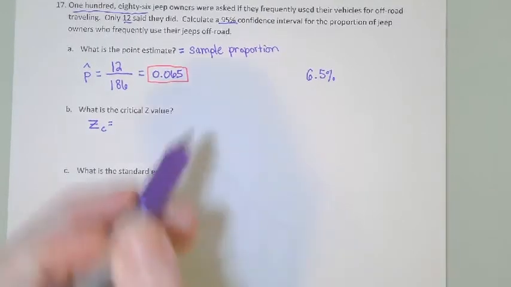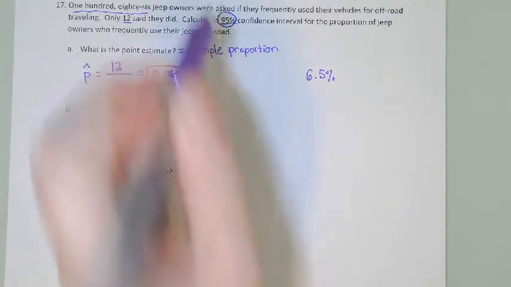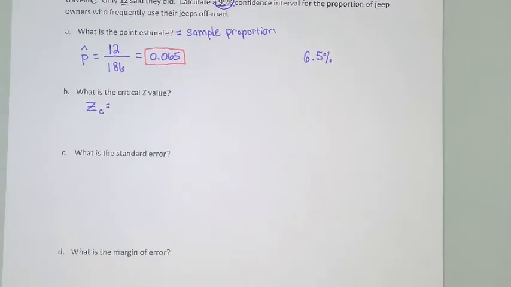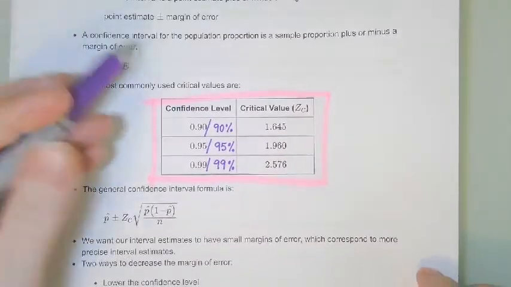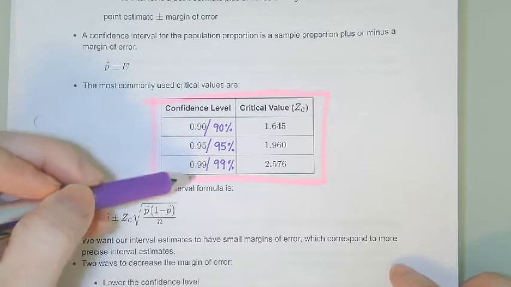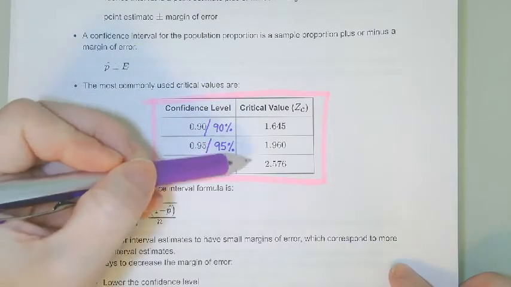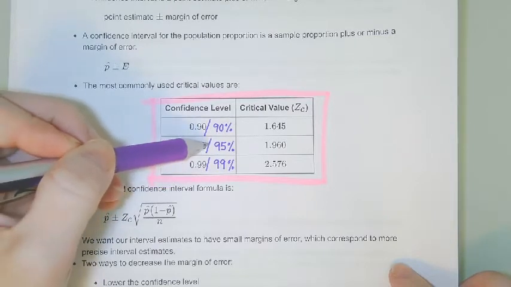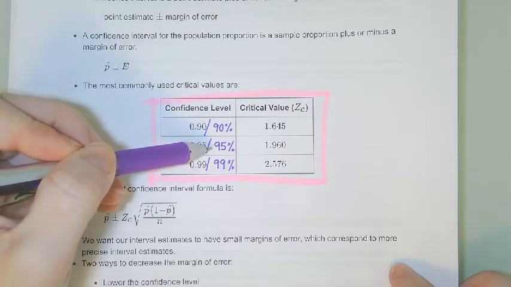So in this problem, we're using a confidence level of 95%. Other problems, you may be using a confidence level of 90% or 99%. But that's what helps us to determine the critical z-value. Again, these are the three most common ones we'll be using. So you can see there's a separate critical value for each confidence level. In this problem, we're using a 95% confidence level.